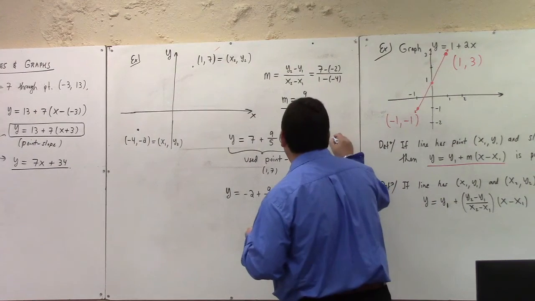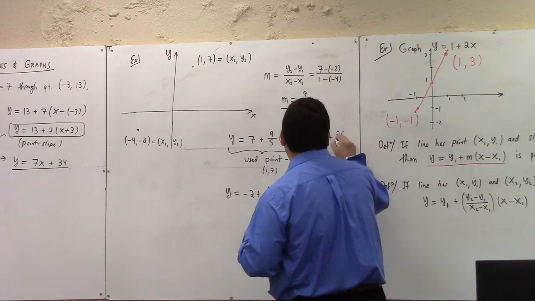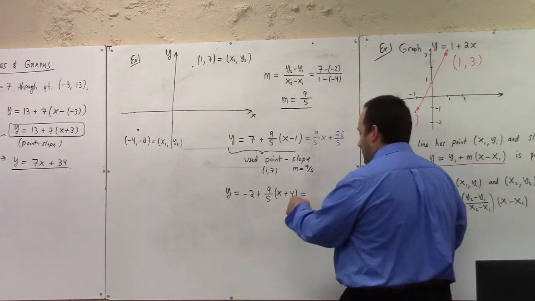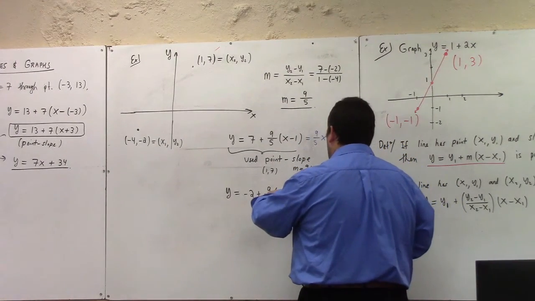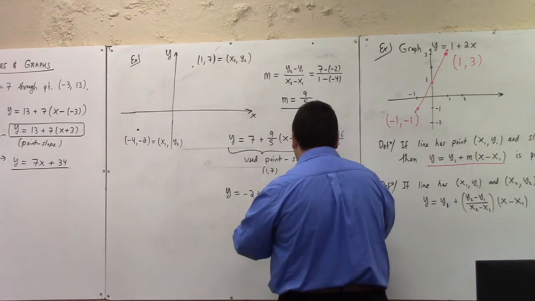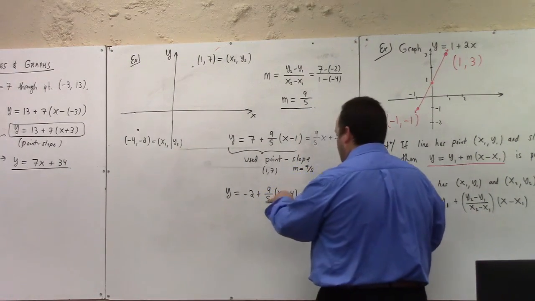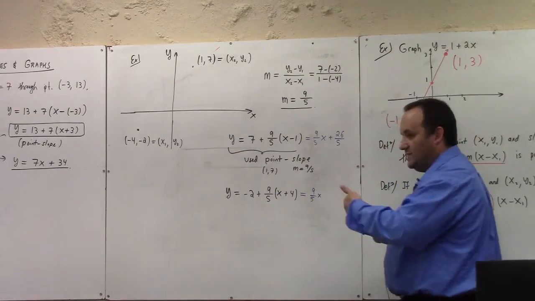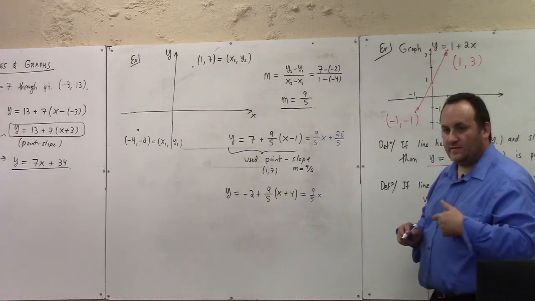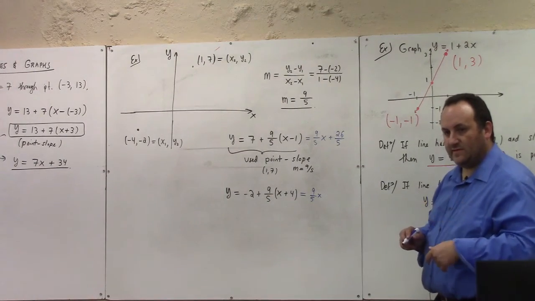So plus 26 over 5. How about this one down here? We have 9/5 x, right? And what's 9 times 4? 36. 36 over 5 minus 2. 36 minus 10 over 5, which is 26/5.